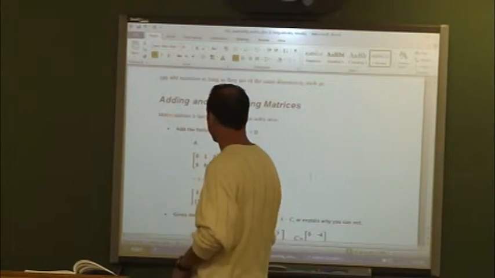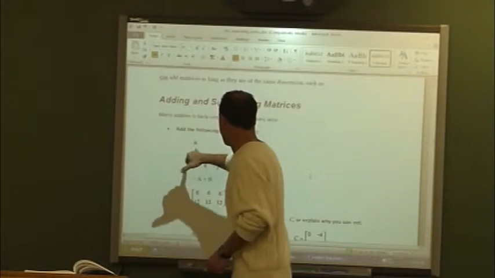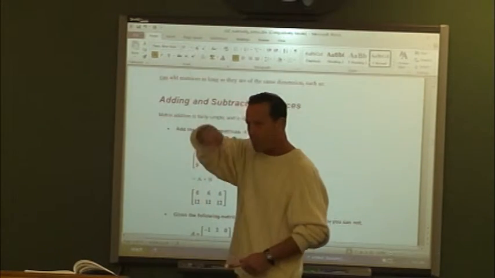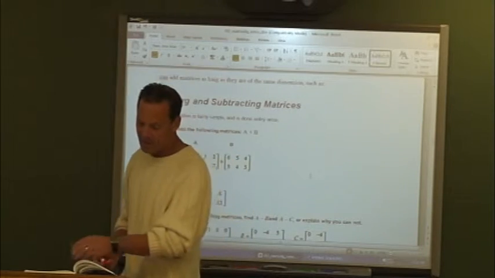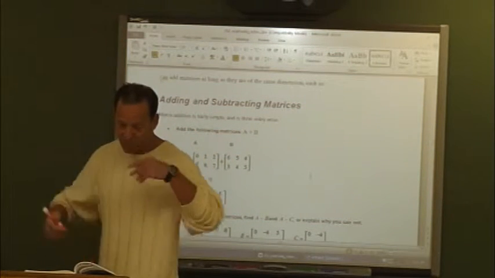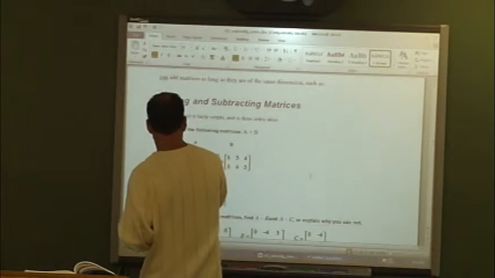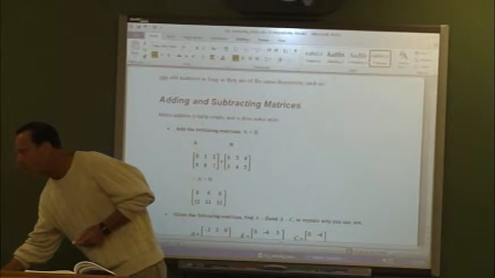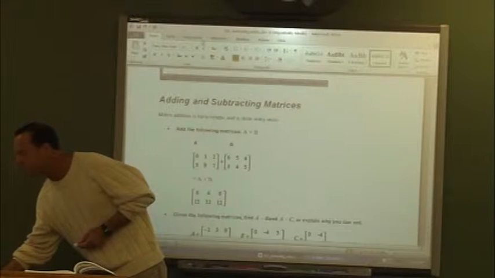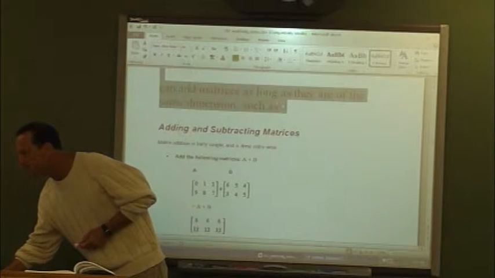What you're going to see, everybody, it's in bold notation, A and B. Bold notation indicates the matrices. And all you have to do is they have to be similar configuration. They have to have the same dimensions. You can add matrices as long as they're of the same dimension. What do I mean by that, everybody?